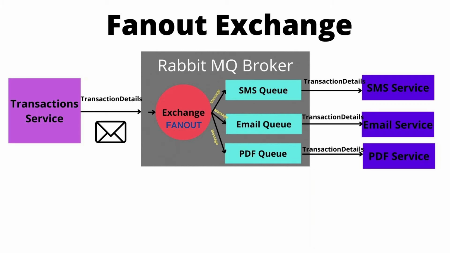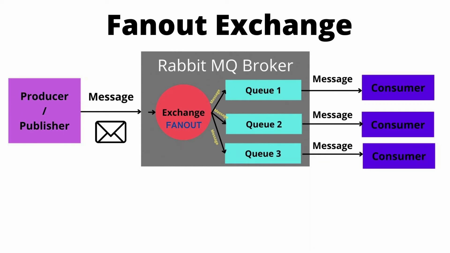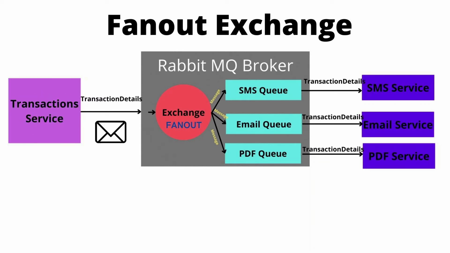In this case, we have 3 different queues, just like before. We have the SMS queue, the email queue, and the PDF queue. And as you can see, I have noted down the message in yellow, so you can see that this message has been sent to every one of those 3 different queues.